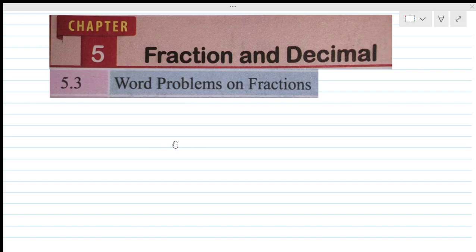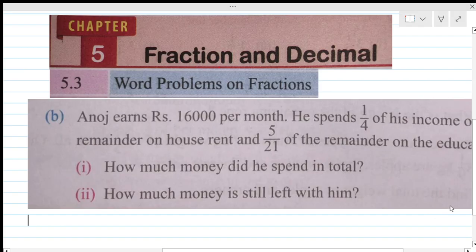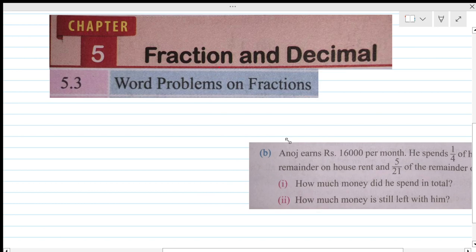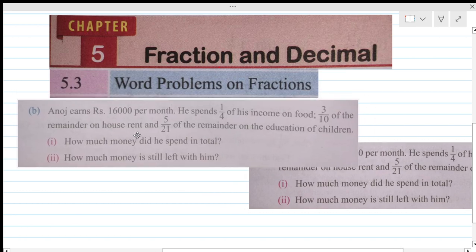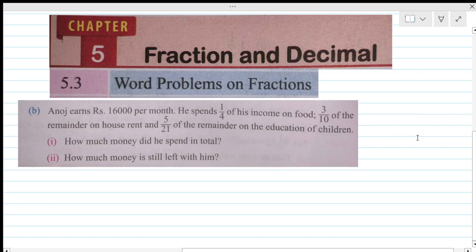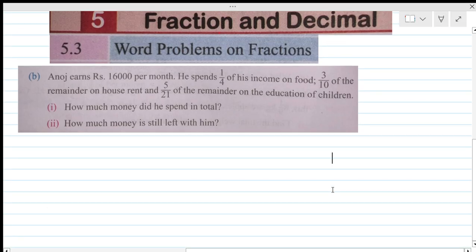Now 8 number B. Okay, what is said here? Anuj earns 16,000 per month.